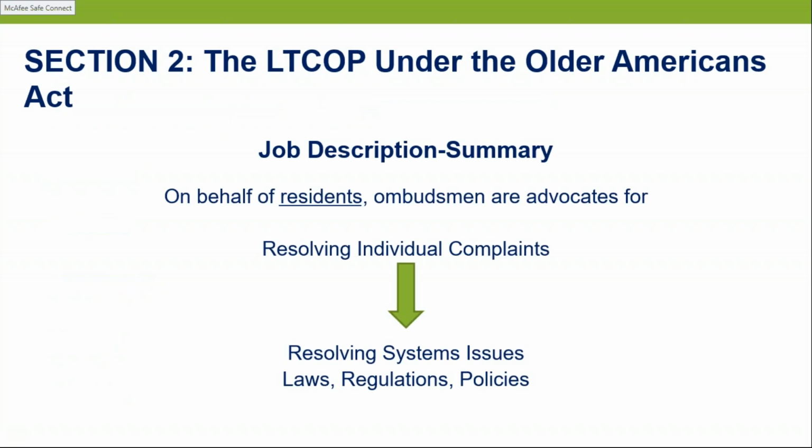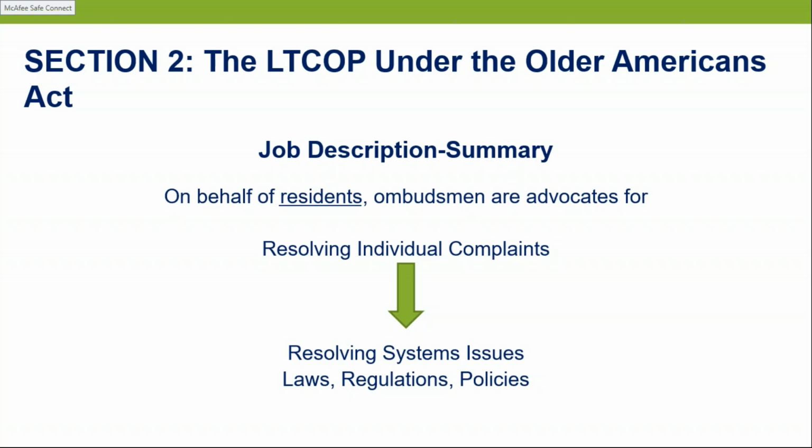Section 2 of this module talks about the ombudsman program under the Older Americans Act, and one of the parts of it that I think is so true about being an ombudsman is that we don't do that just on behalf of residents as individual complaints.